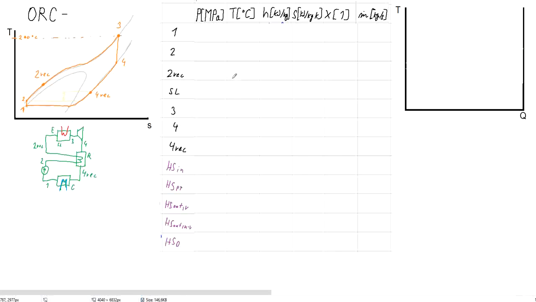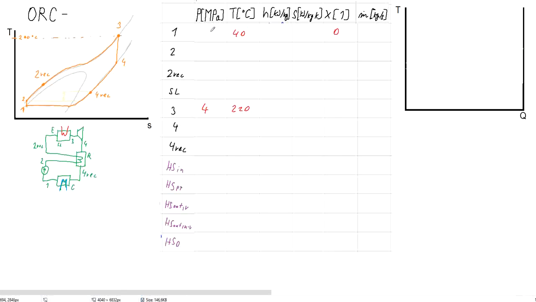So what we had specified, it was the temperature at the point 3, 220, condensing temperature 40 degrees C, here it was steam quality of 0, and actually because it's supercritical cycle, so we specify the pressure at the point 3 as 4 megapascals.